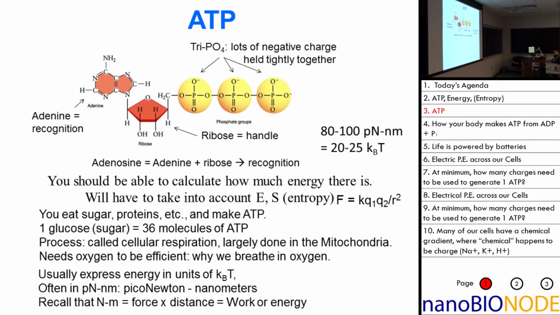This is actually the case. Okay? So how far can it move using the 20 to 25 kT, or 80 to 100 piconewton nanometers?